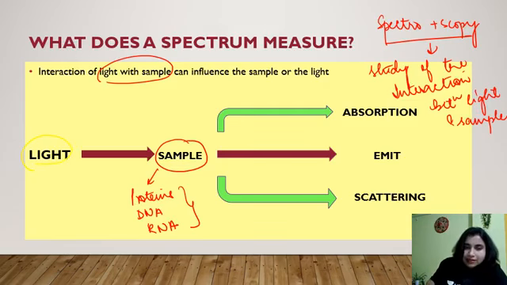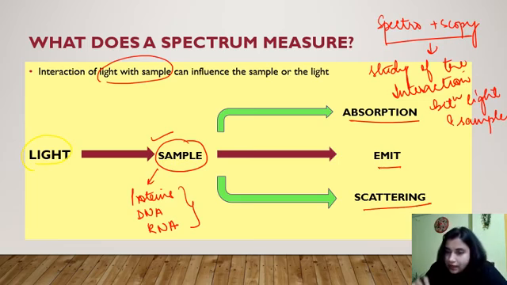So when a light is interacting with sample, three things may happen. Either there is an absorption of the light, emission of the light, or scattering of the light, right? So whenever the light interacts with the sample, there is a possibility of three things. What are the three things? Either the light is absorbed, or it undergoes emission, or it undergoes scattering.